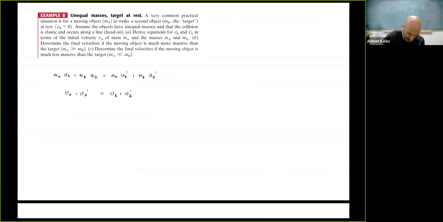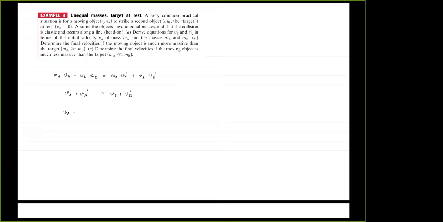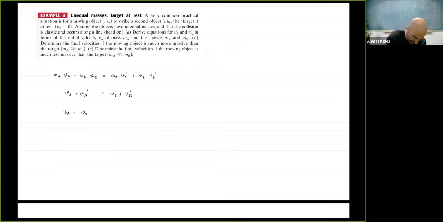For example, I can take the first equation, VA minus VA prime, and there's an overall mass MA here, which should be equal to MB times VB prime minus VB.